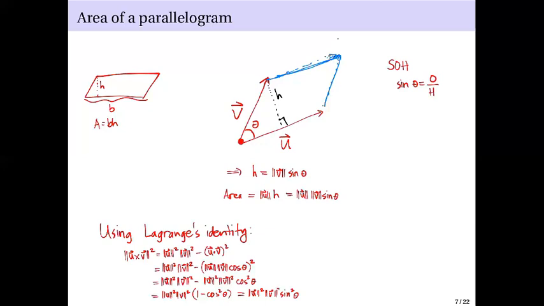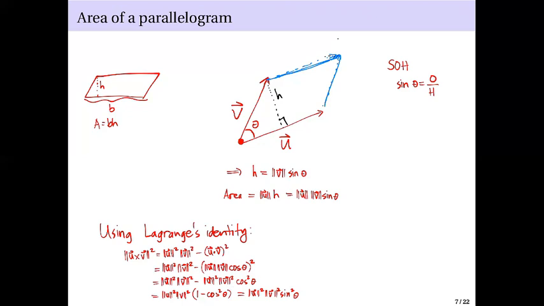Oops, I forgot the squared in here. Yeah. So what does this mean? The cross product u cross v, you get the norm and you square that, it gives you norm of u squared, norm of v squared, sine squared theta.